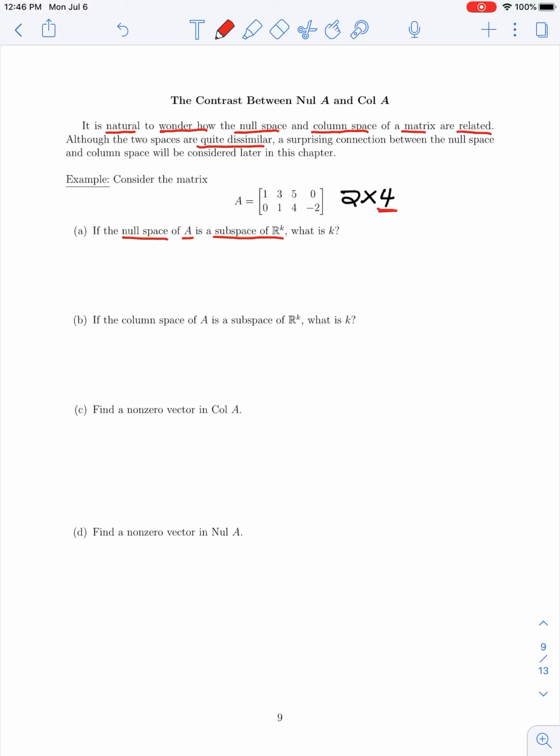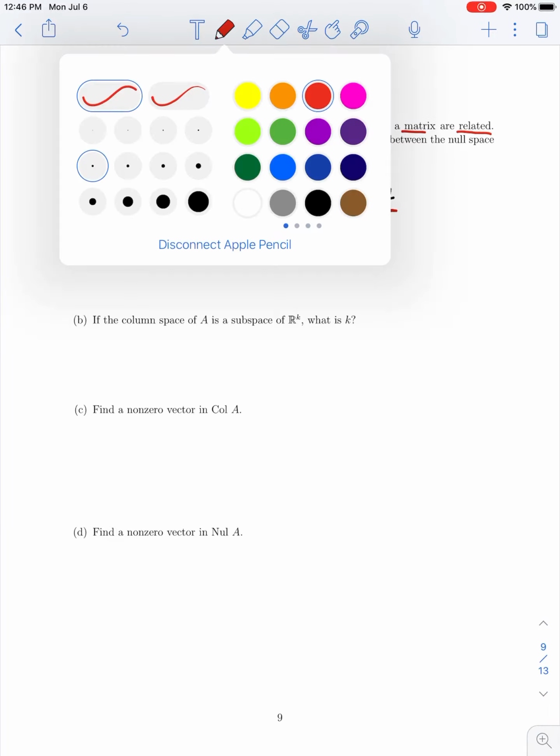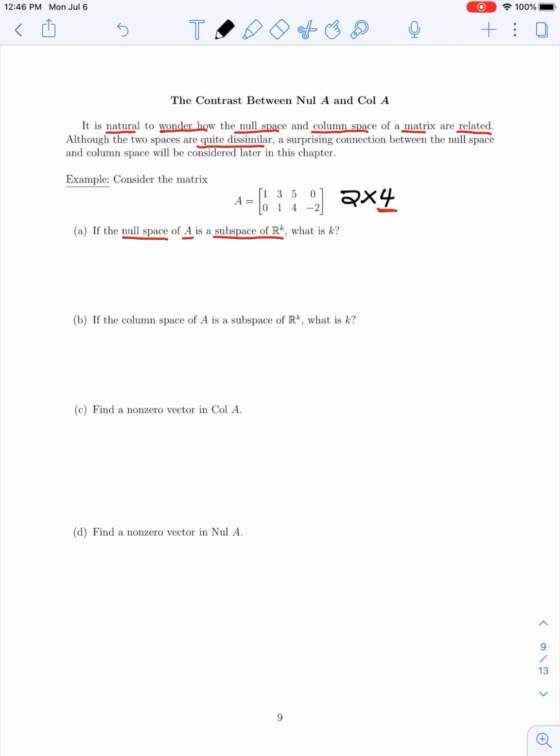And since we're talking about vectors, 1 column. So any vector in the null space would have to be a 4-dimensional vector. So here, the null space of this matrix A is a subspace of R4. So the value of K that we're interested in here is 4, the number of columns of the matrix A.